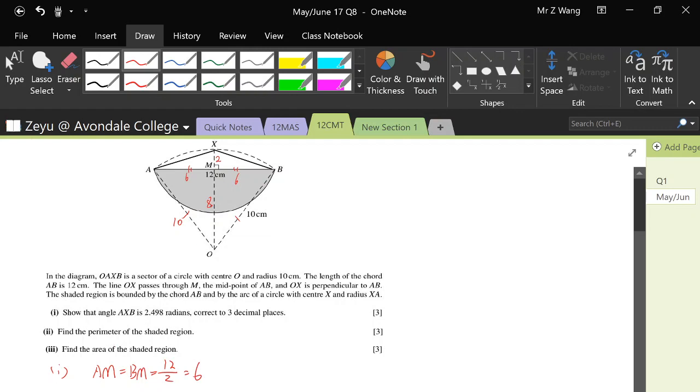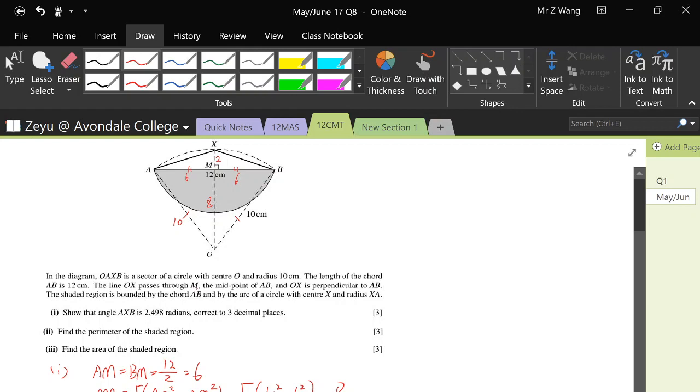And then I would write MO equals square root of AO squared minus AM squared, equals square root of 10 squared minus 6 squared, equals 8.